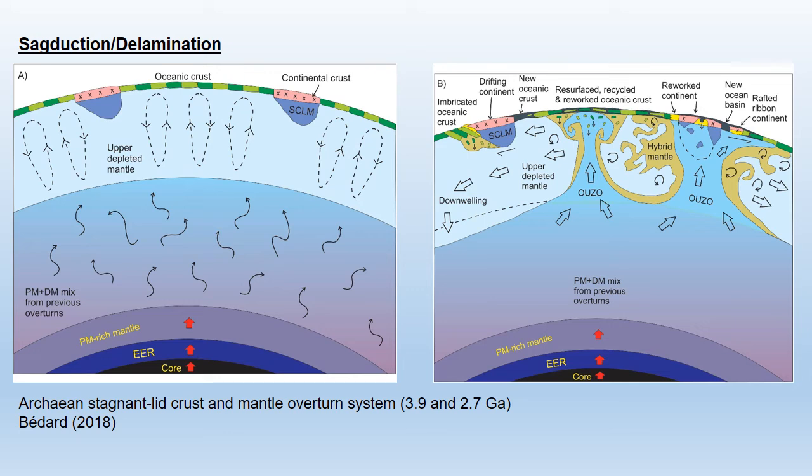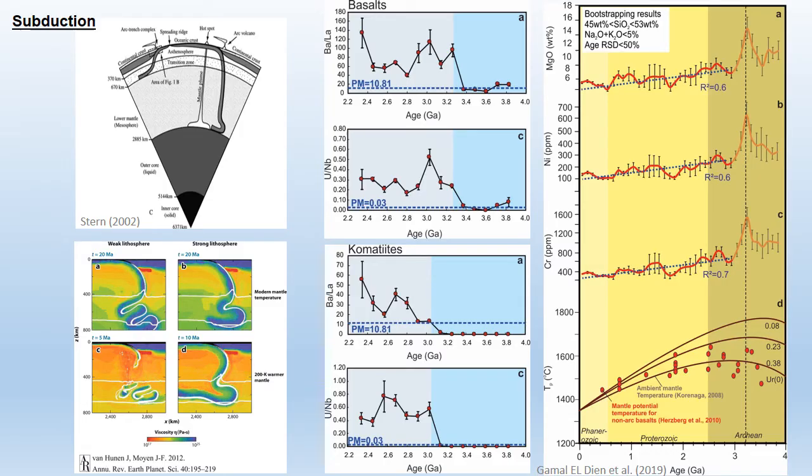Even if you have recycling, these ratios will have less effect on the upper mantle. Also, from the model on the right-hand side, this recycled material doesn't go to the lower mantle. This is not consistent with the figure we show from komatiitic rocks, which track the lower mantle composition.